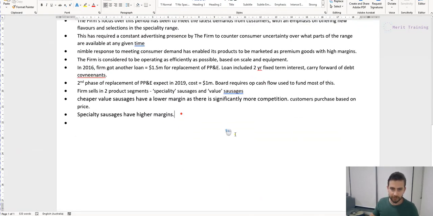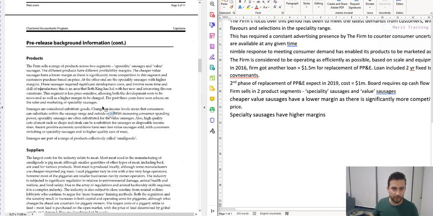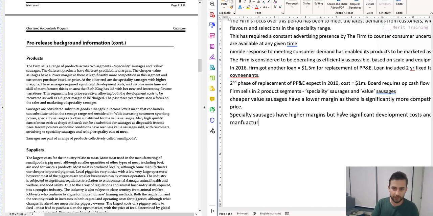So specialty sausages have higher margins, but have significant development costs and require more time and skill to manufacture. Beth King has led this with new flavor variations.